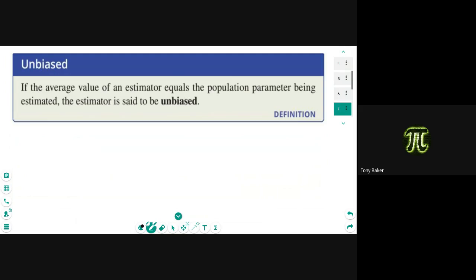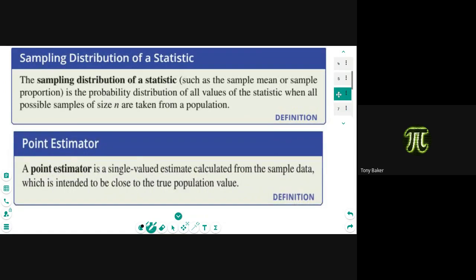The point estimator is the one that was really important. A point estimator is a single value calculated from sample data. It's basically me calculating it from the sample data that I've got and trying to use that to determine what's going to happen in the population.